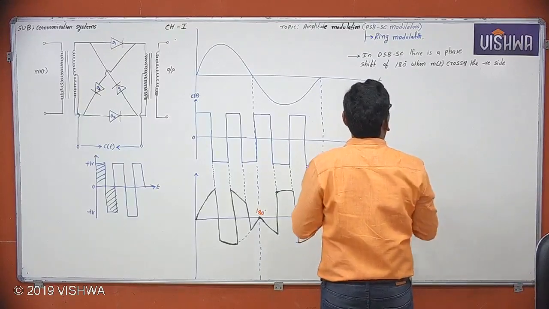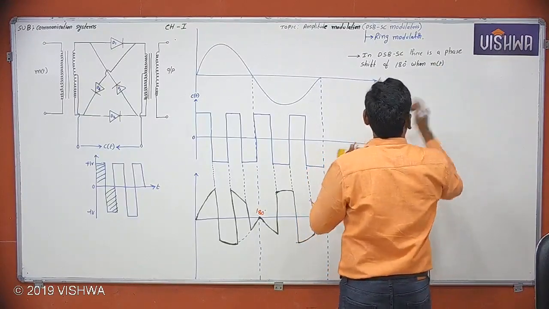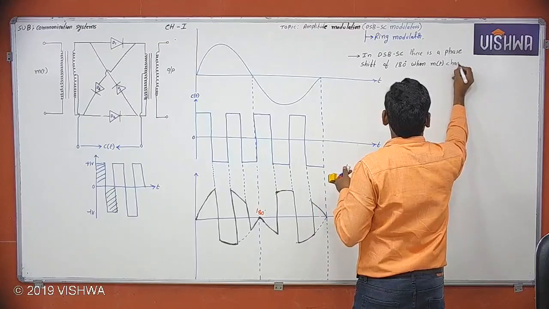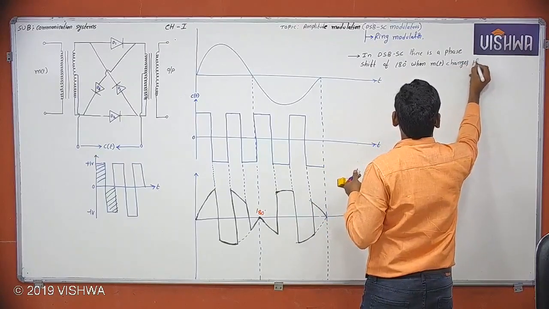There is a phase shift of 180 degrees when m of t changes the polarities, means positive side to negative side.